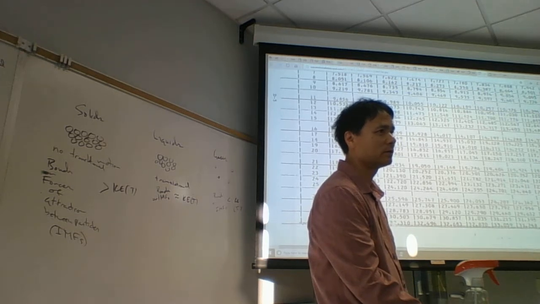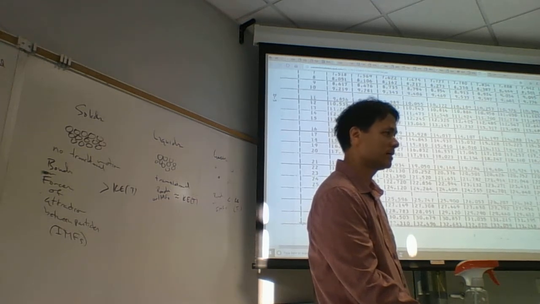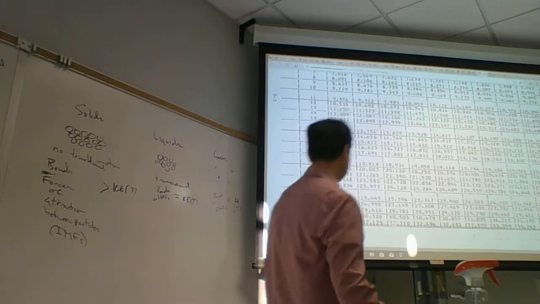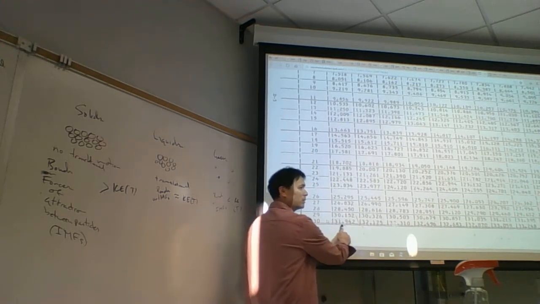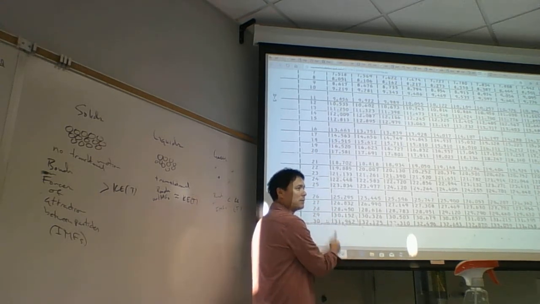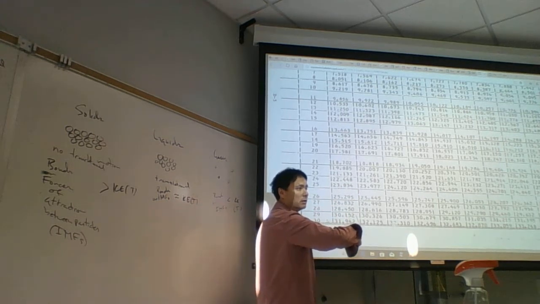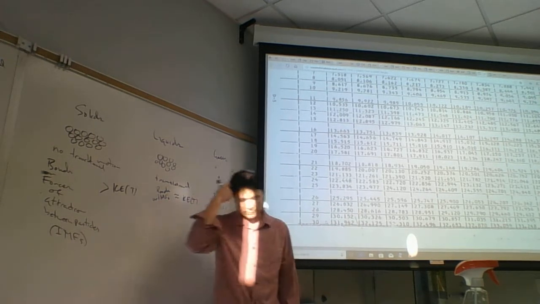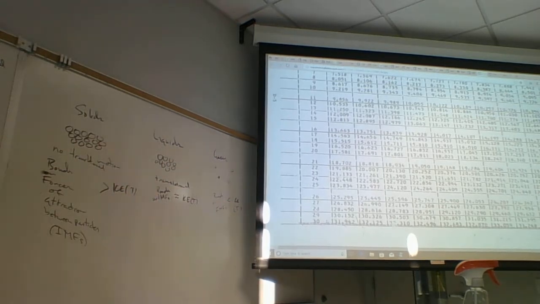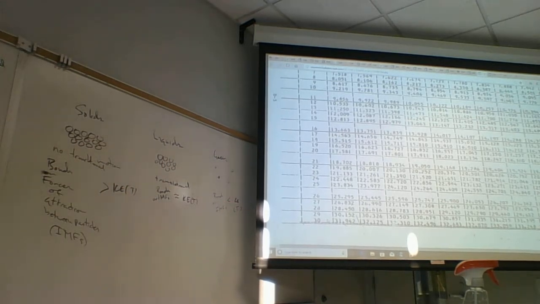Do you know what it is? It's 100 degrees C. At 100 degrees C, this vapor pressure is going to reach 760. And that means it's going to match with atmospheric pressure, and I'm going to get boiling. So boiling is going to occur. And the vapor pressure matches.